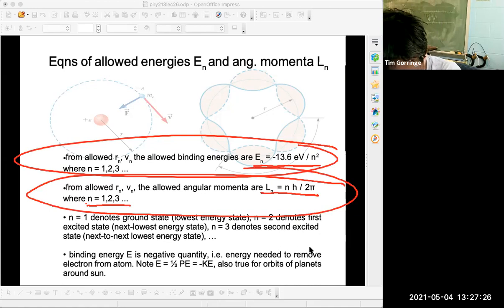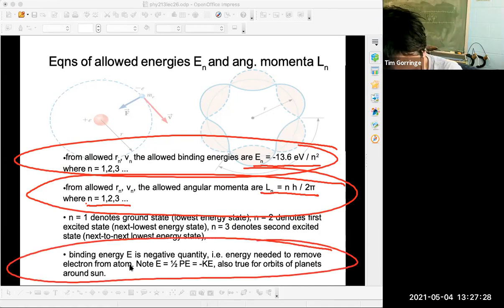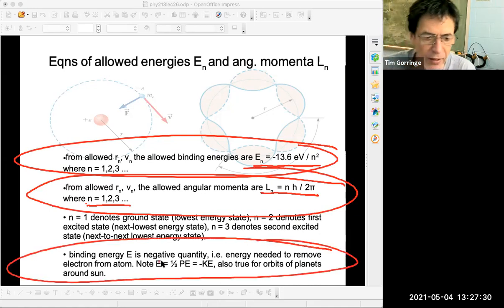And there's an interesting relationship here about that energy. Firstly, that energy is negative because you would have to add energy to the atom to remove the electron. Secondly, that energy, as I say, is the sum of the kinetic energy and the potential energy.